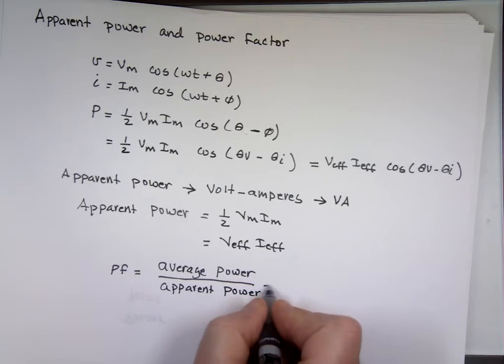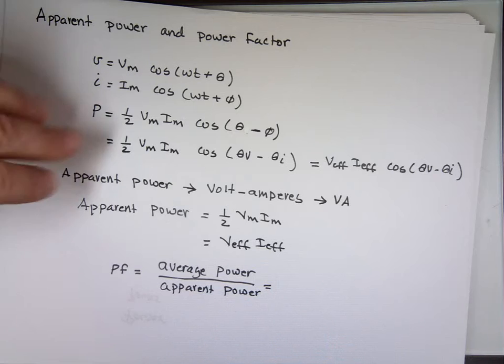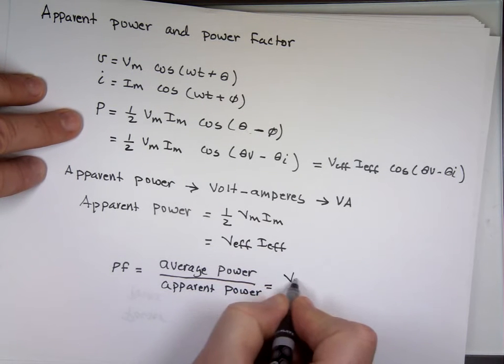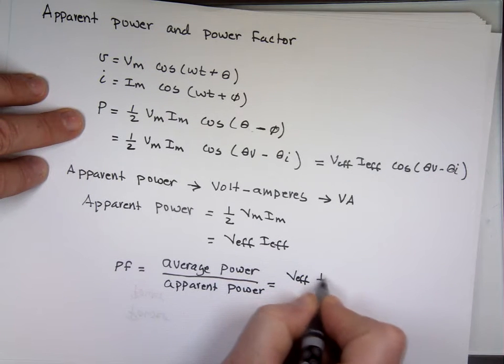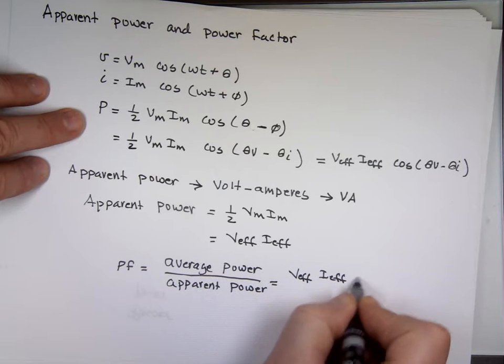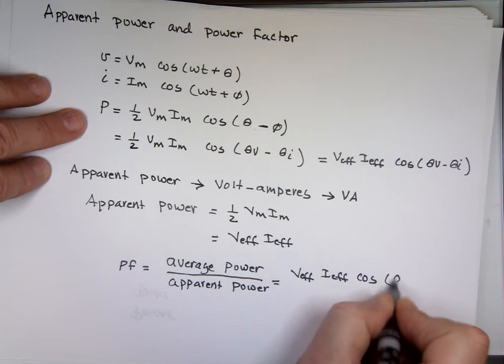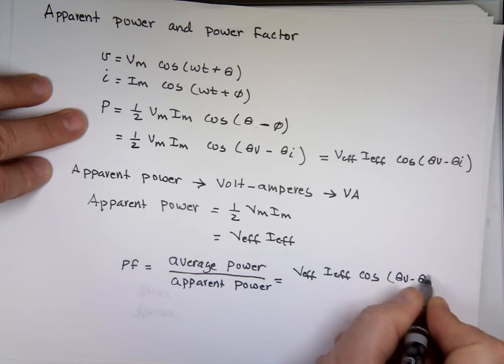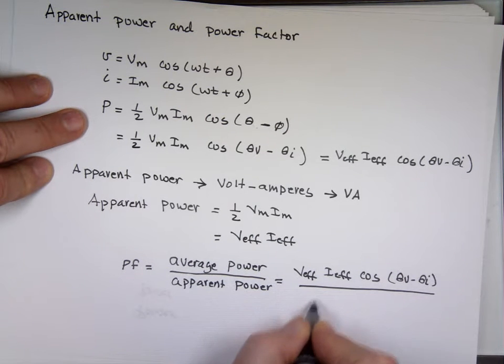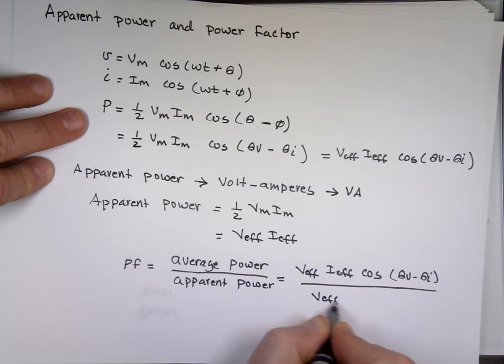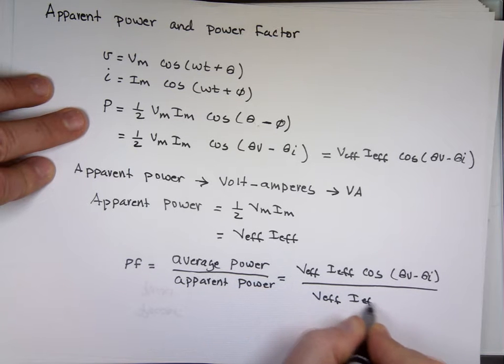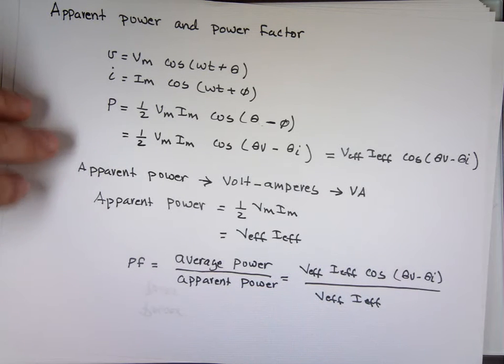And the average power is actually what? Using that equation, V effective, I effective, I can use either one, cosine of theta V minus theta I, divided by the apparent power, which is what? V effective, I effective. And if you do the math, what will happen to V and I?